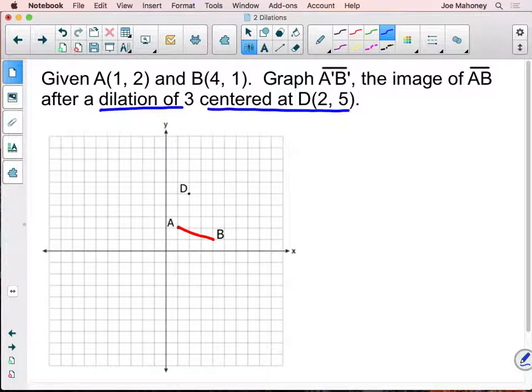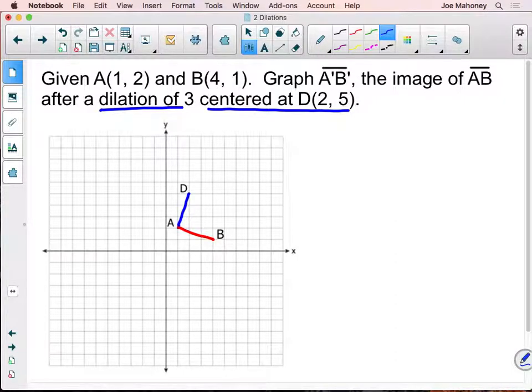If we treat the distance from D to A as a scale factor of 1, think about that for a minute. If you multiply something by 1, do you change its size? No, you don't. So a dilation of 1 just brings it right to itself.